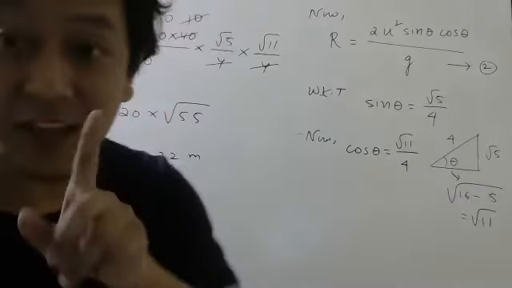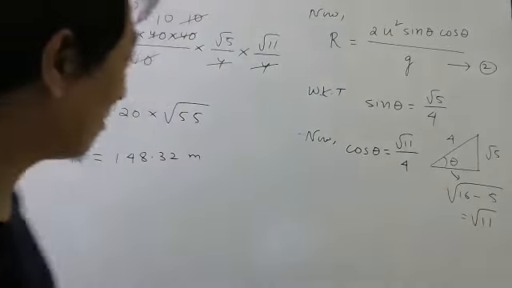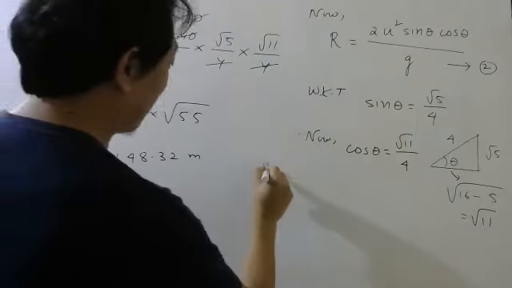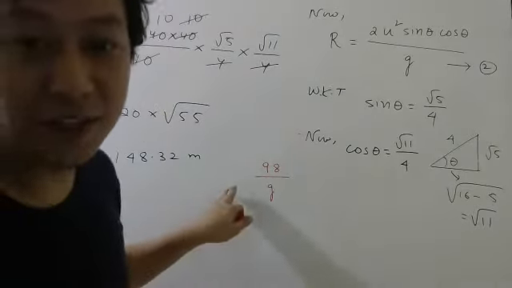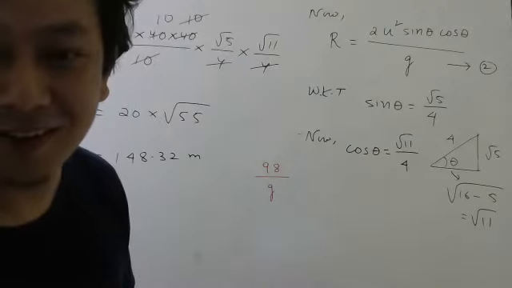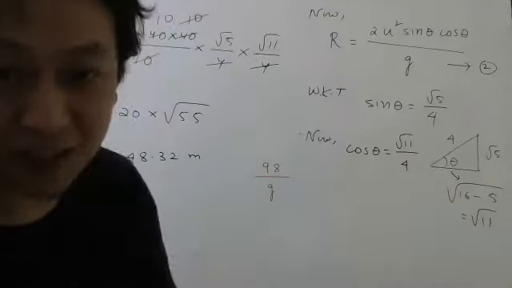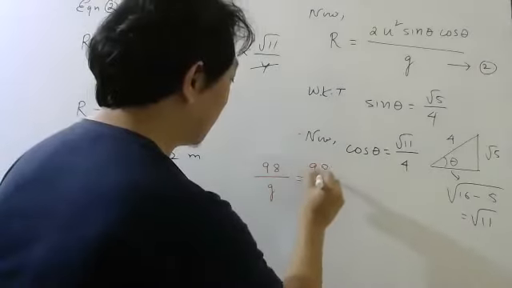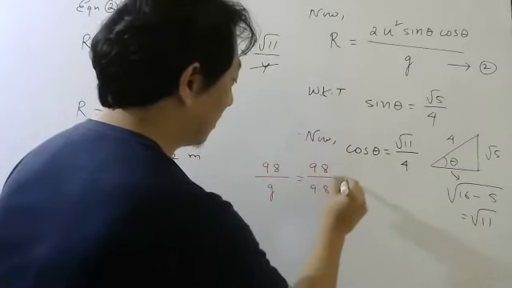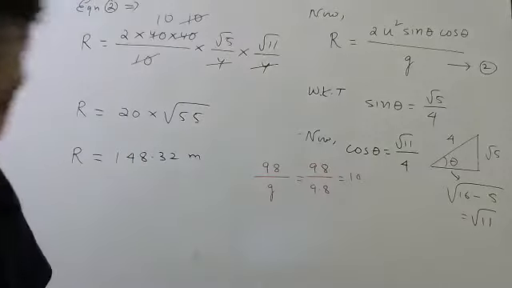But sometimes taking 9.8 will make your problem simpler, because sometimes it will be something like 98 divided by g. Then it is better to take the exact value, yes or no, students? If somewhere in calculation you get 98 by g, then it is better to take exact value 9.8, then you will get 100, right? 10.